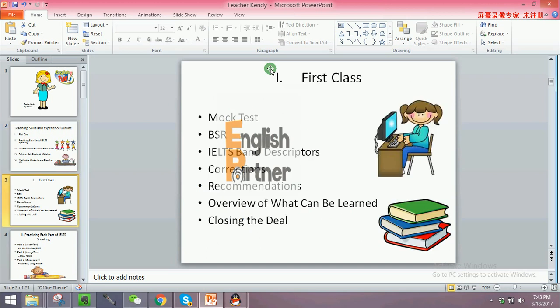So, during our first class, in my case, I always give my students a mock test and BSR on our first meeting, especially if it is a TL or an ET. After showing my students their score, I also explain the IELTS band descriptors to them.